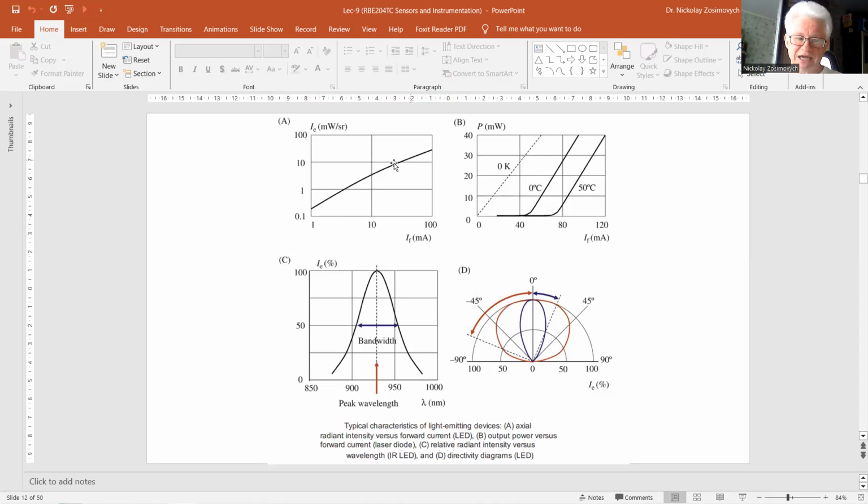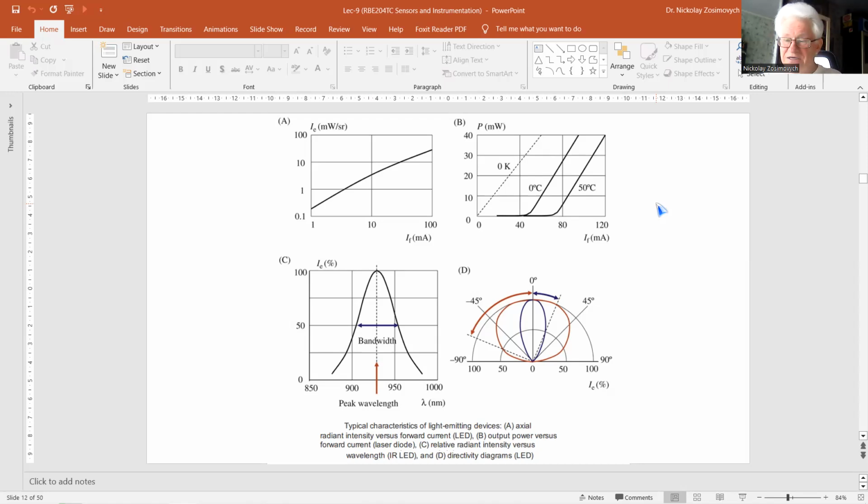The maximum intensity of a LED ranges from a millivolt up to several volts, depending on the type. The intensity drops with increasing temperature at a rate of about 1% per Kelvin.